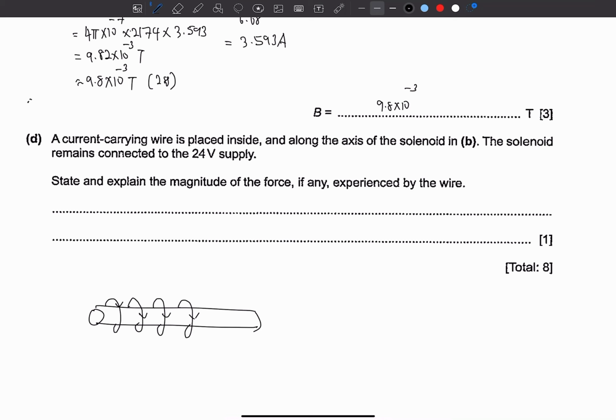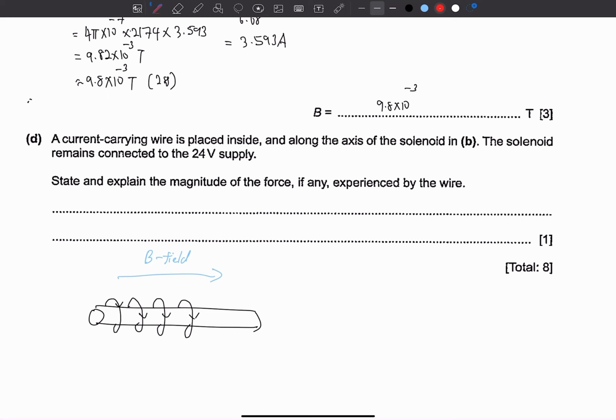And since the current is going in this circular direction towards us, your thumb points to the right, which means to say that the B field is pointing to the right.